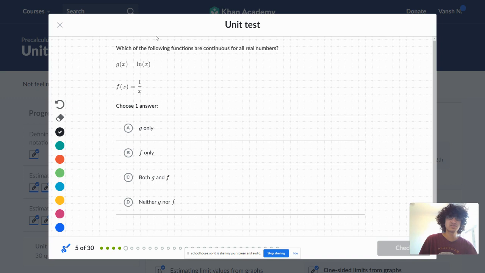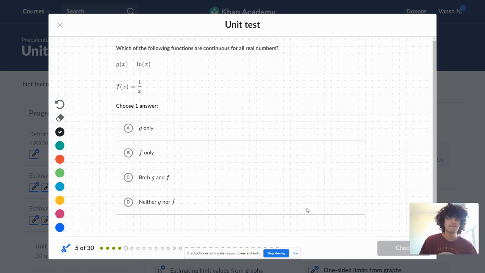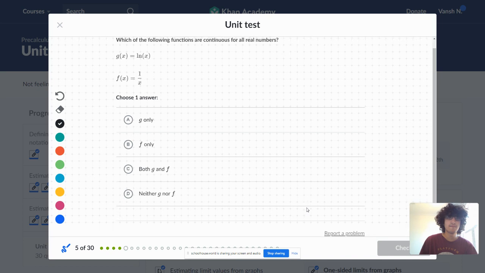Which of the following functions are continuous for all real numbers? Continuous means the left and right hand sides are equal, so the limit of x from the left hand side and the limit of x from the right.